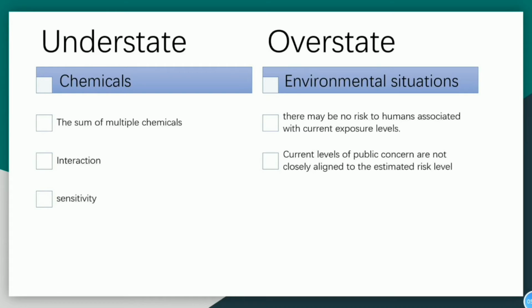We will have different reactions. So maybe the risk for me from this chemical is equivalent to the risk estimate, but maybe you will have more risk from this chemical.